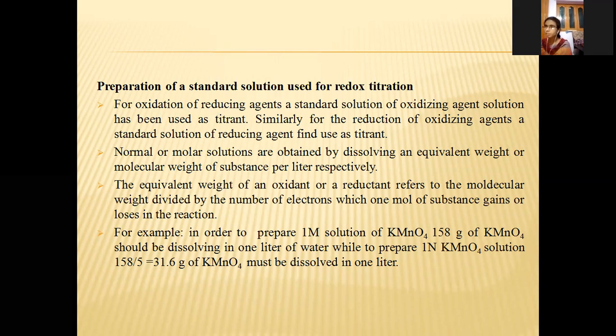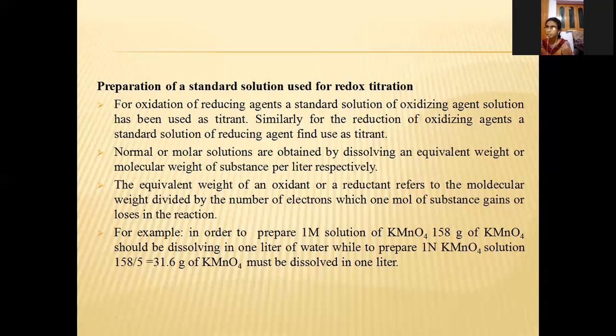If we want the reducing agent to undergo oxidation, we have to use the oxidizing agent solution as the titrant. In the titrant we should always take the known concentration. The titrant we have to take in the burette, so the oxidizing agent should be taken in the burette.